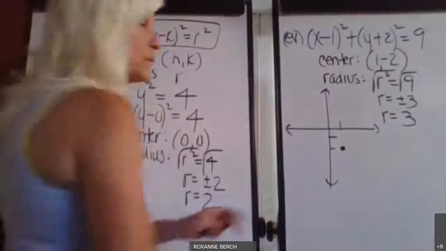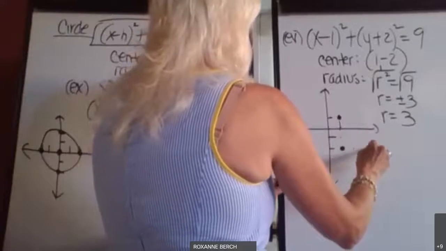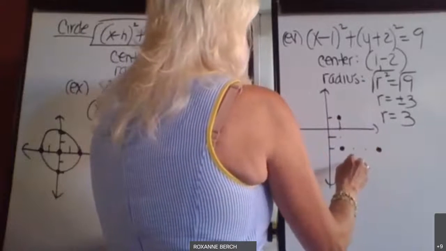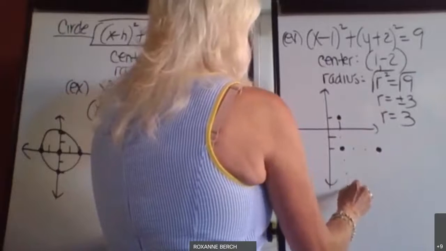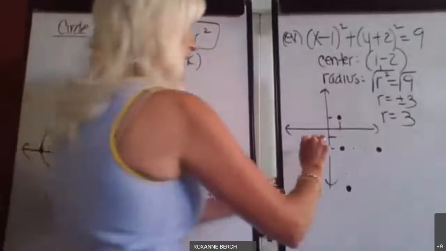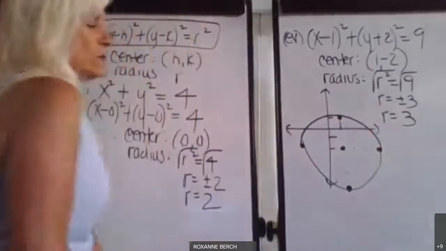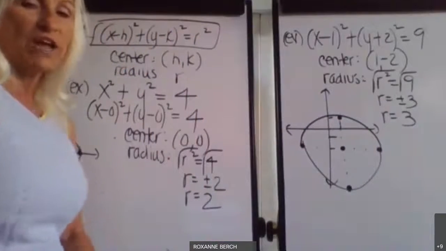And what we do is we go up 3 and put a point, right 3 and put a point, down 3 and put a point, left 3 and put a point, and draw the circle. And that's the equation of the circle.